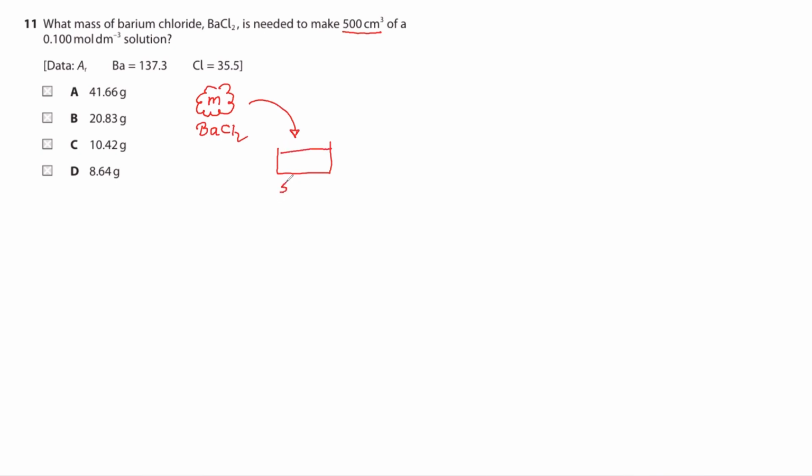So the volume here is 500 cubic centimeters. When I dissolve barium chloride in 500 cubic centimeters of solution, they say that I will get a solution with a concentration of 0.1 mole per cubic decimeter barium chloride solution.